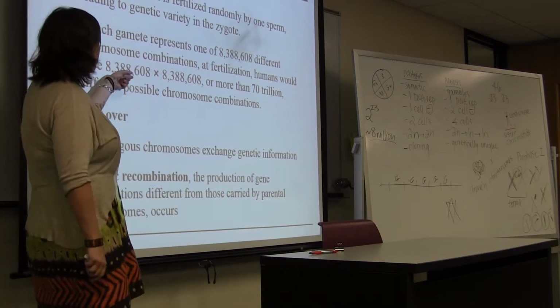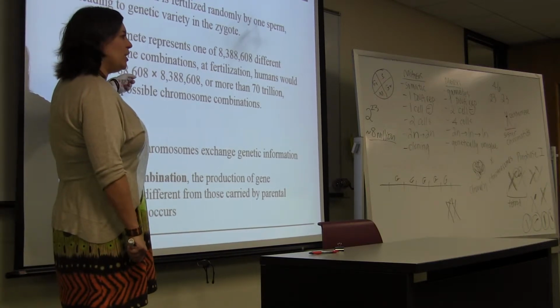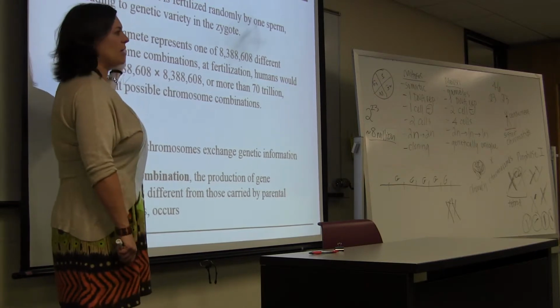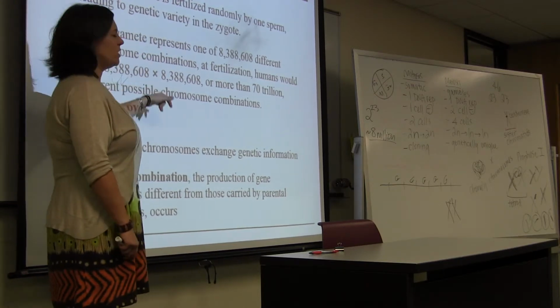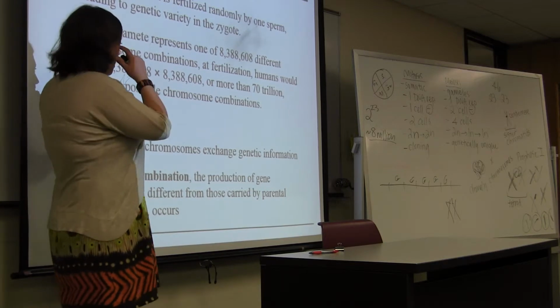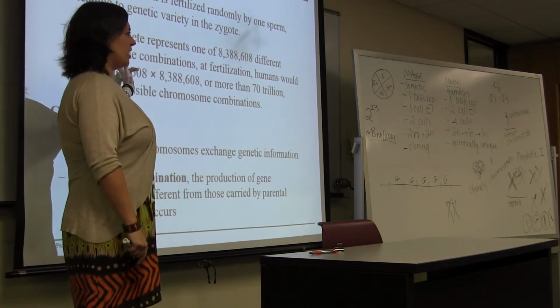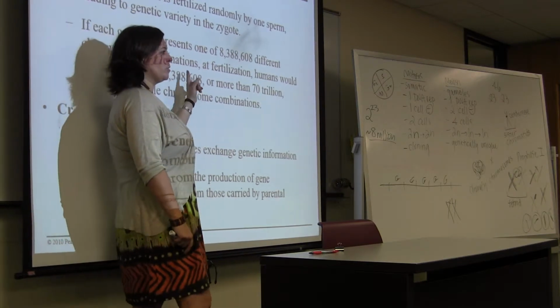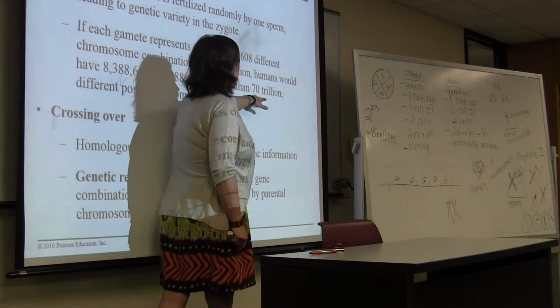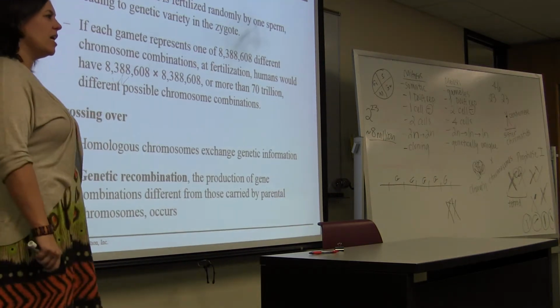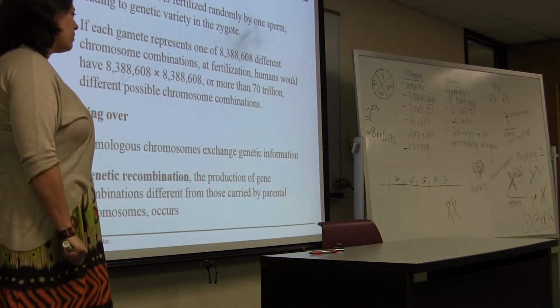And that's because your egg is going to be unique compared to 7,900,000, whatever this number is, minus 1. And so when you multiply those together, this is the odds of a particular egg coming together and the odds of a particular sperm. And so again, you're having 70 trillion different options of genetics in your possible offspring.